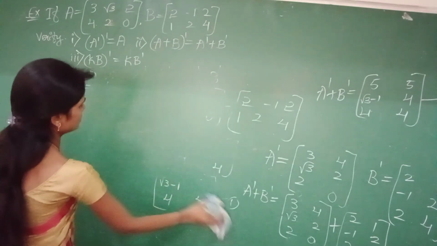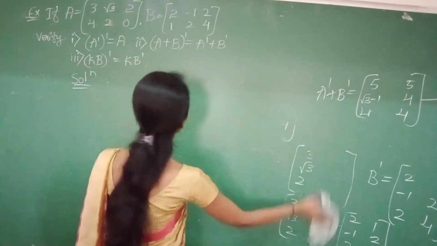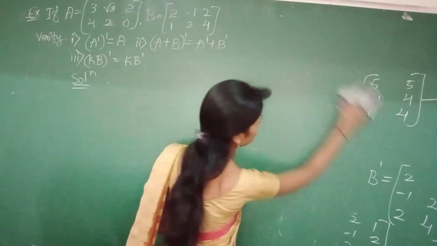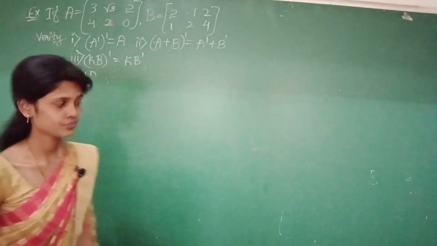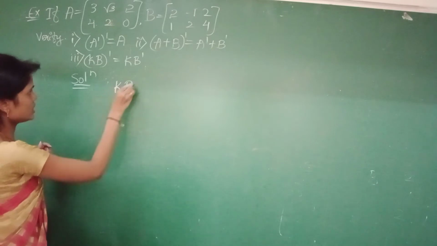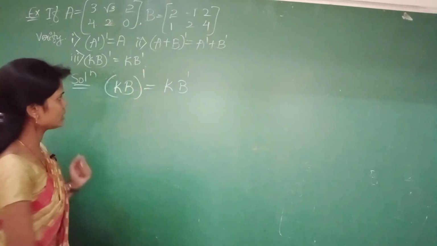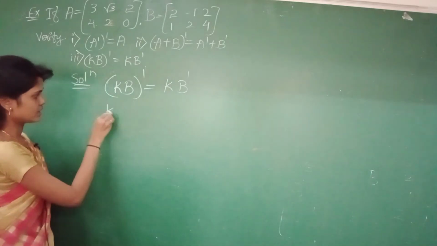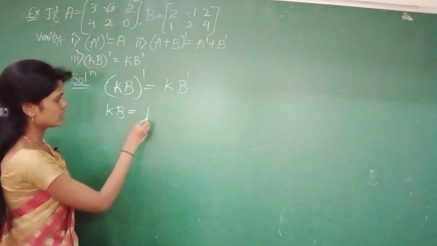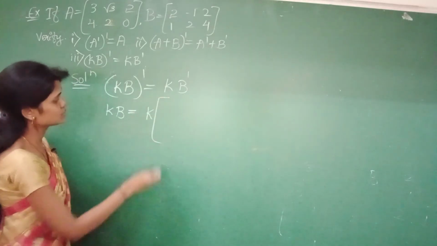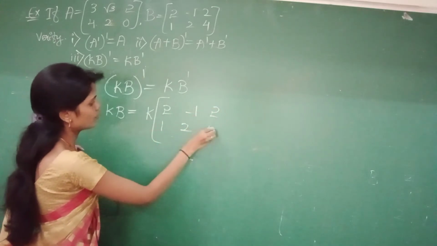And next, given that (kB)', that is (kB)' equals, what we have to prove, k into B'. So (kB)' equals k into B' we want. So firstly consider the LHS, kB. kB means k into the given matrix B, [2 -1 2; 1 2 4].